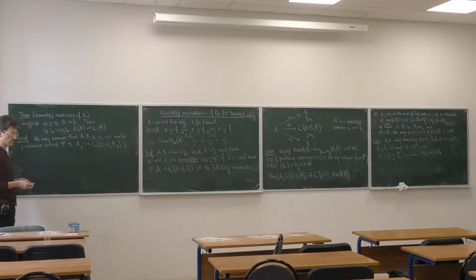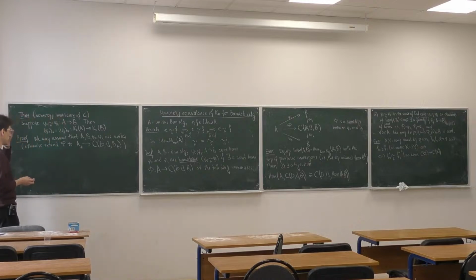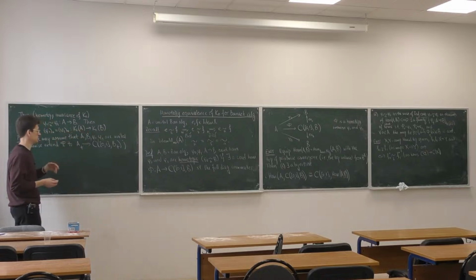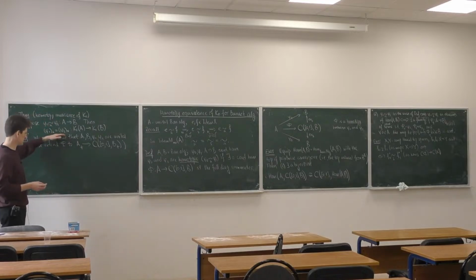So we reduced everything to the setting of unital algebras. Okay, now also let's recall that K0 of A, if A is not unital, is defined as a certain subgroup in K0 of A plus. So if the induced maps between the K groups of the unitizations are the same, then these two maps are also the same.